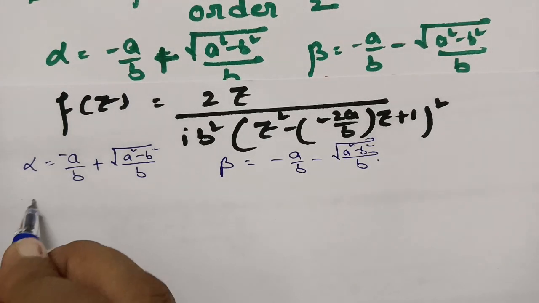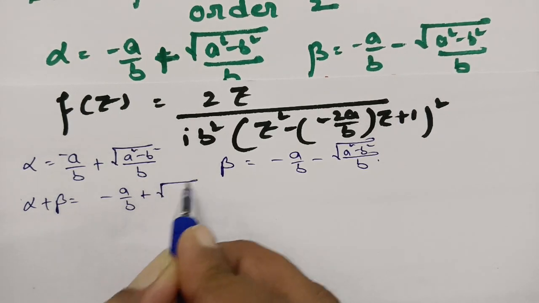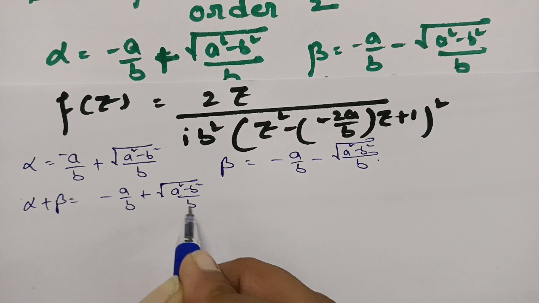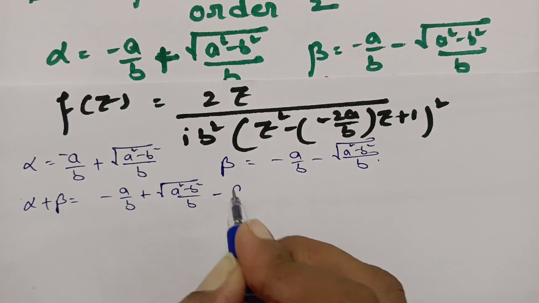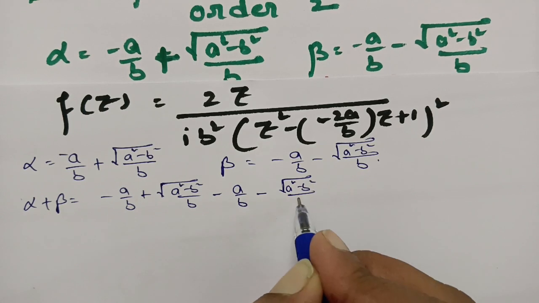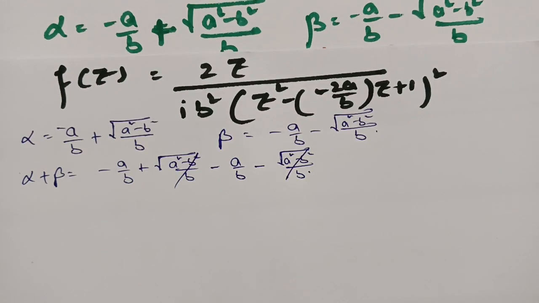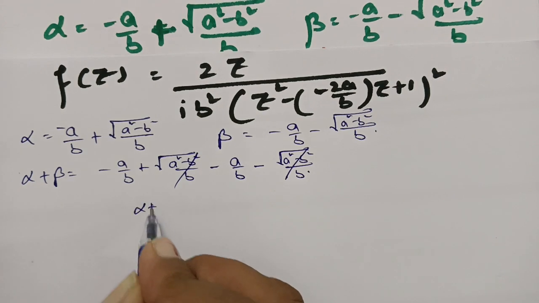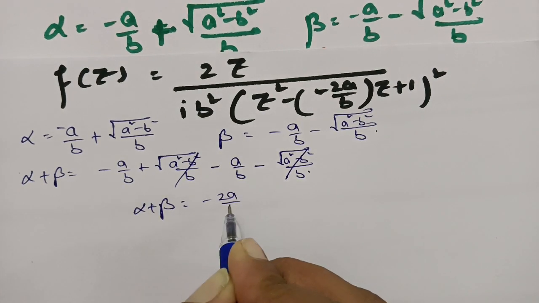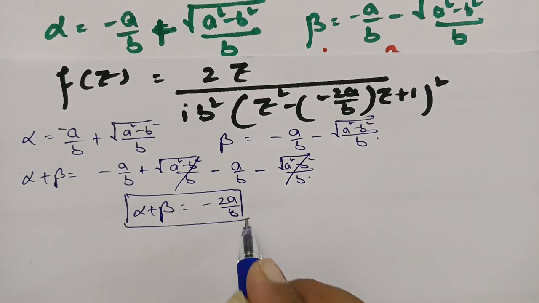So if I consider alpha plus beta, cancelling the root terms, alpha plus beta is equal to minus 2a by b. Clear? So this is our alpha plus beta value.